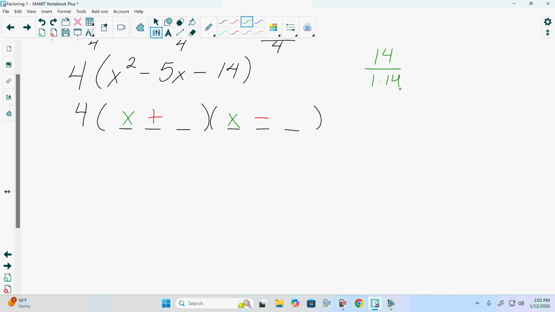Because we do have 1 and 14, 2 and 7. 3 is not a factor of 14. Y'all remember what the trick for divisibility of 3 is? If you add the digits together, and that number is divisible by 3, the number is also. So here, 1 plus 4 is 5. 5 is not divisible by 3, so it doesn't divide by 3.